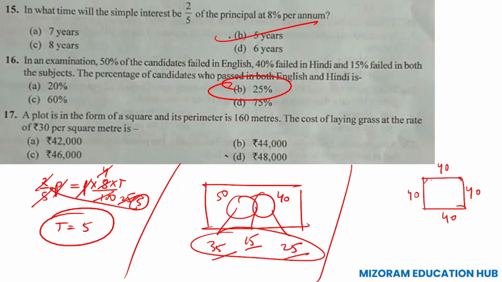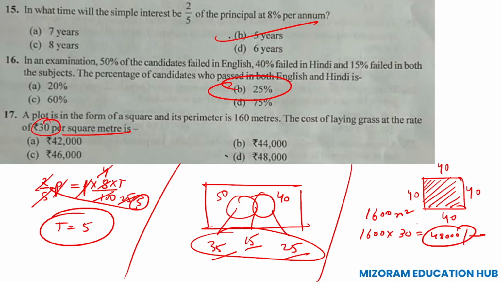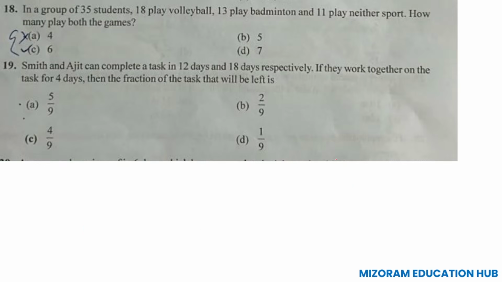Here surface means the total area. Area is side square, 1600 square meters. Per square meter cost is 30, so for 1600 square meters the cost is 48,000 rupees. So option D is the correct answer.